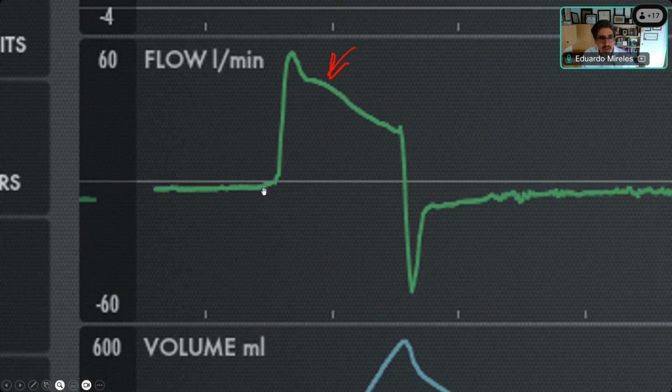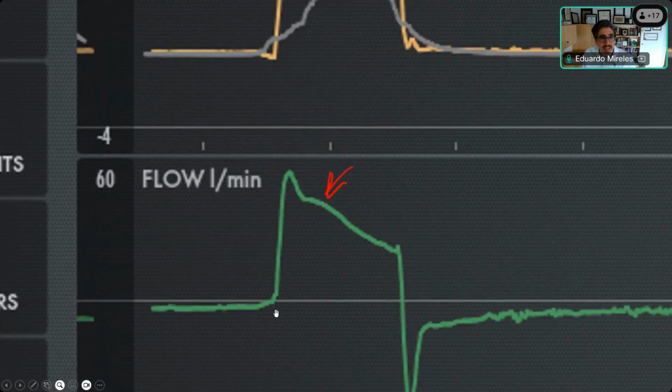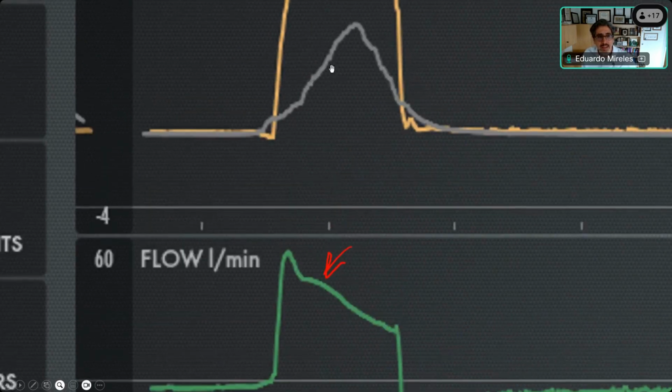So you see there is evidence that the patient is doing an inspiratory effort, just by looking at this. And if you look at the pressure waveform, you will see that the pressure waveform is also decreasing, and with the overlay of the estimated pressure based on the NAVA catheter and the NAVA level that we set on the screen, you can see that the electrical activity started here.